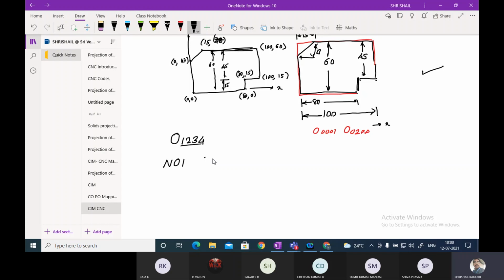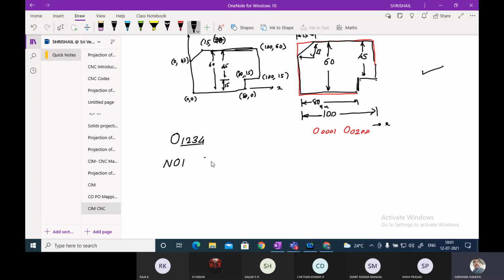Now look into this. What is this G21? Please tell me, any one of you. Unless you say, I cannot go next. See the dimensions, how we are going to give. Sir, it is dimensions in mm, all G21.